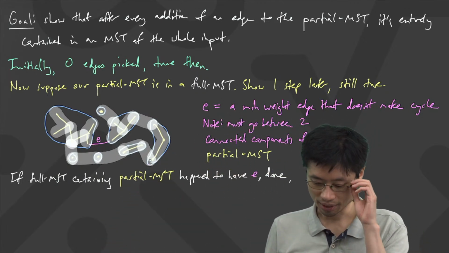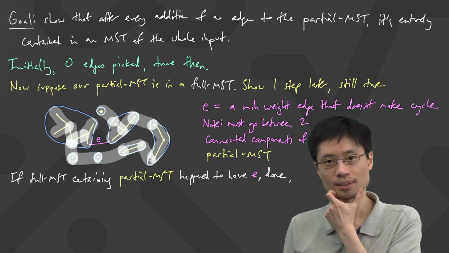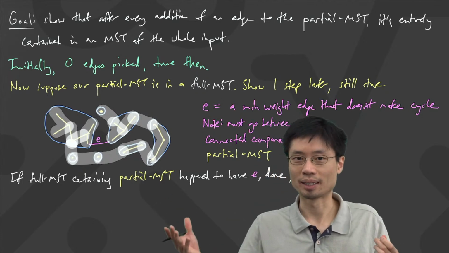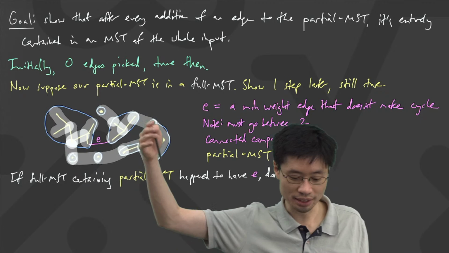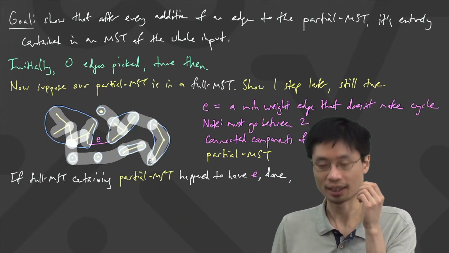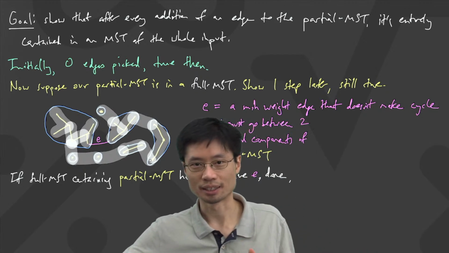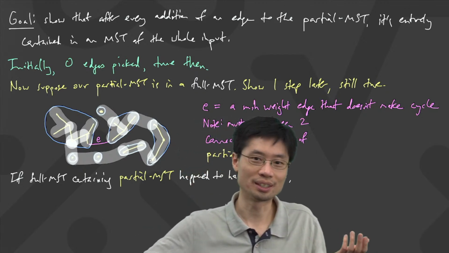And now the question is, well, what can I say then? I would like to argue that there is a full MST which happens to contain the E as well. Happens to contain the yellow edges and the E as well. So I've got this big full MST instead. What can I use? And actually I'm realizing it's probably quite hard to see my video if I spotlight video like this. Maybe you already did this.